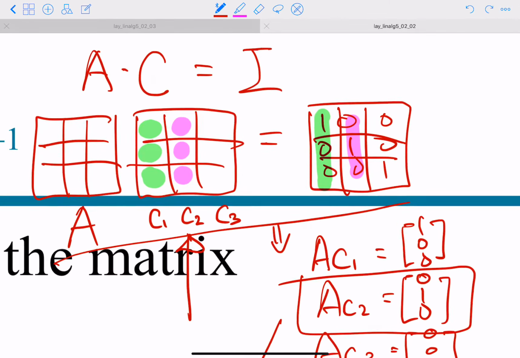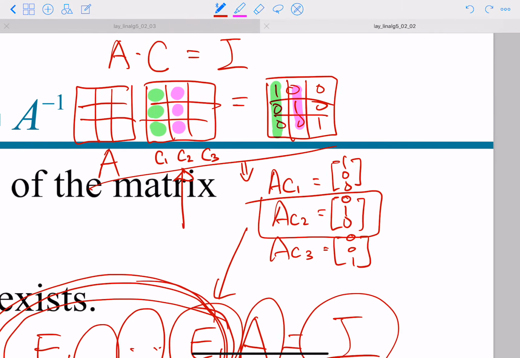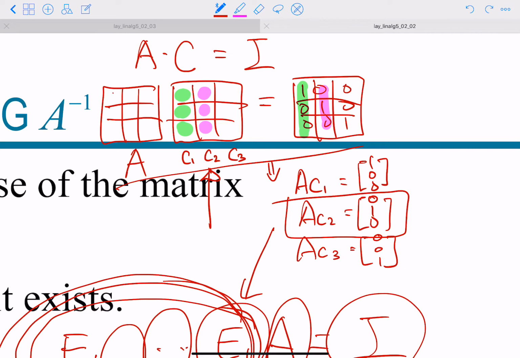Because from this example, each column is computed independently, right? So in this case, we put 0 1 0 as our augmented part or B part, and then perform the row reduction.